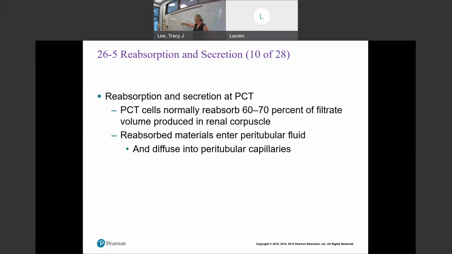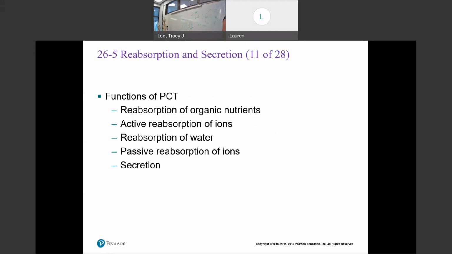What is that? That's the fluid outside of my nephron tubules, but not in the bloodstream. It would be like interstitial fluid, but it's what we find here in the kidneys. We call it peritubular fluid. And then it's going to diffuse into the peritubular capillaries. So it goes from here into my peritubular fluid, and then it can go into the peritubular capillaries.